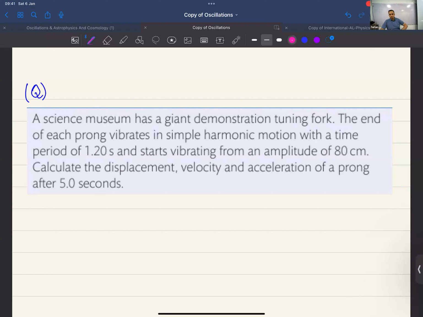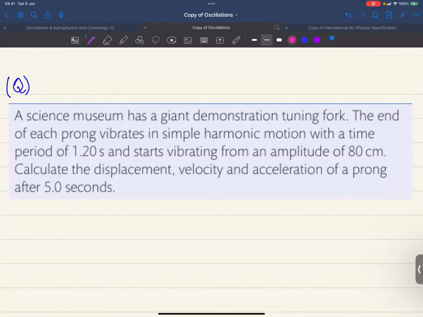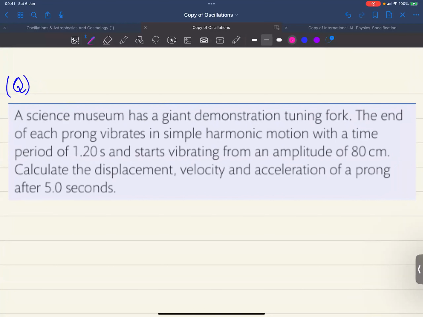The end of each prong vibrates in simple harmonic motion with a time period of 1.2 seconds, and starts vibrating from an amplitude of 80 centimeters, full stop.